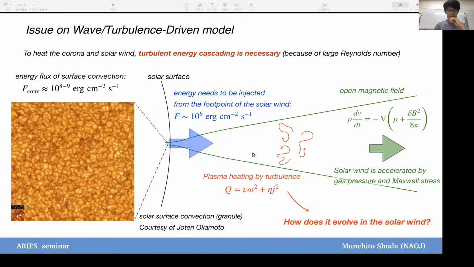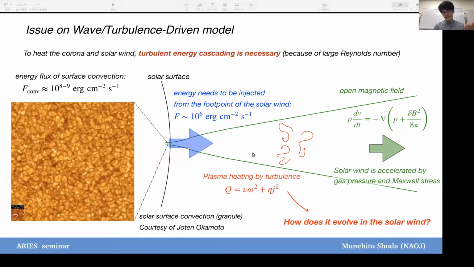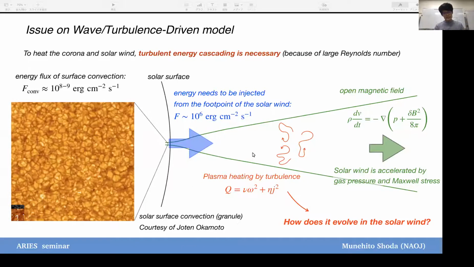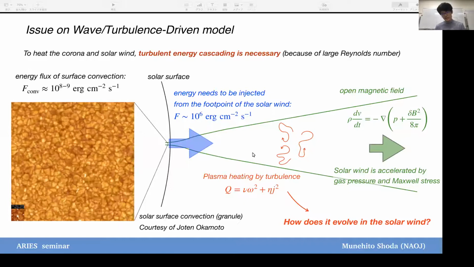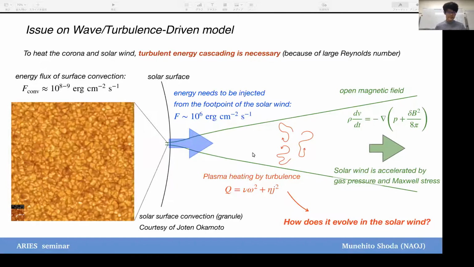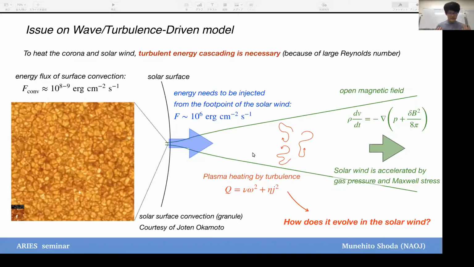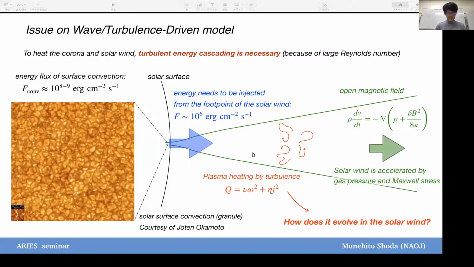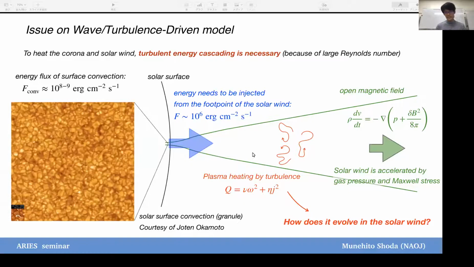So because the Reynolds number in the solar wind is very large, it means that a simple viscous heating or resistive heating is not enough to heat up the solar wind. So we have to generate smaller and smaller scales to have a sufficient amount of viscous and resistive heating.